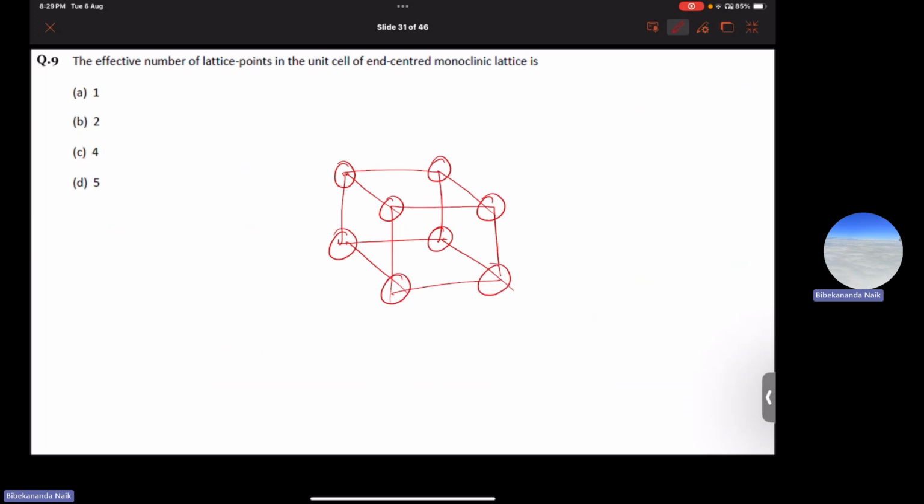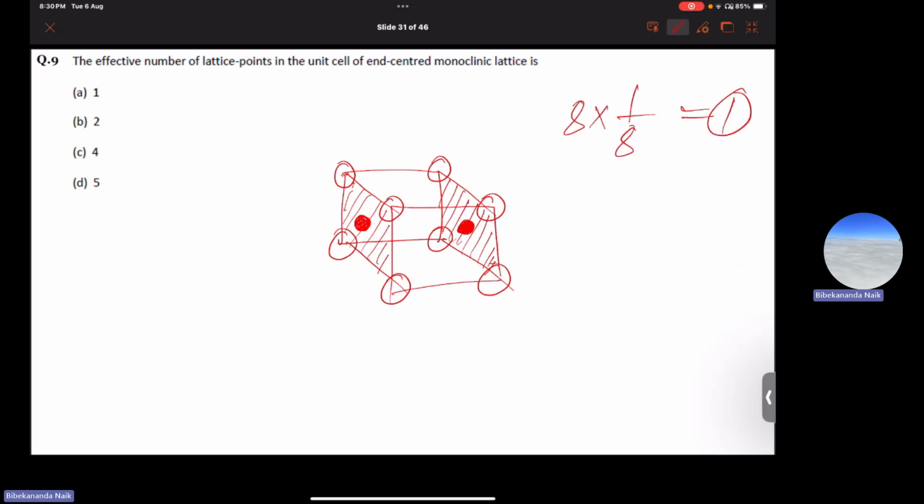End-centered means there will be extra two atoms at the end faces, like one will be here in this face, and in this face one will be present at the center. Like in the previous question, since there are 8 atoms and each atom contributes to 8 crystals, the contribution from 8 atoms will be 1/8 each, so the total will be 1.